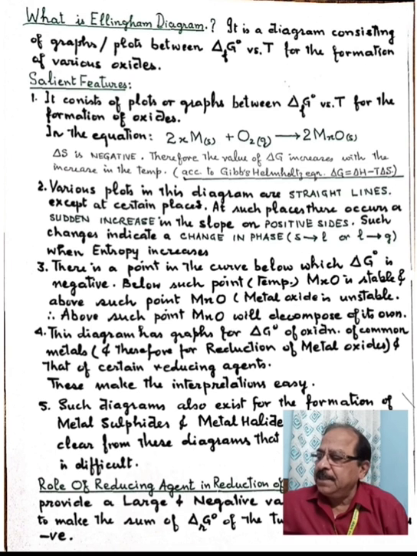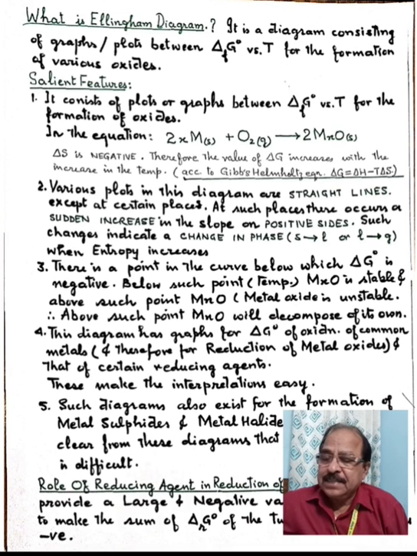Now, what are the salient features what you observe in this Ellingham diagram? It consists of various graphs. These graphs are between delta G naught F versus T, and they are for the formation of oxides. Now, if you see an equation representing formation of a metal oxide, suppose 2 moles of metal combine with 1 mole of oxygen gas and form 2 moles of metal oxide, right?